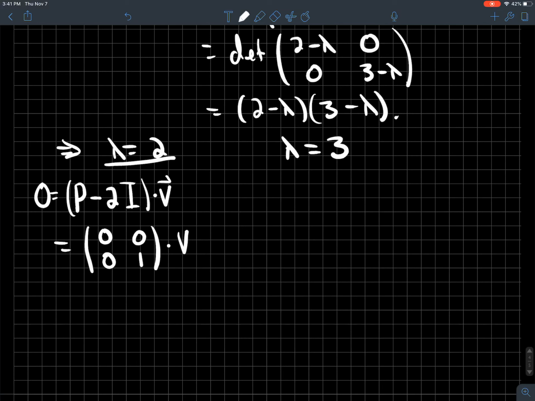If it was more complicated, you can do your row echelon operations on it. But in this case, we get that V2 is equal to 0 and V1 is a free variable.